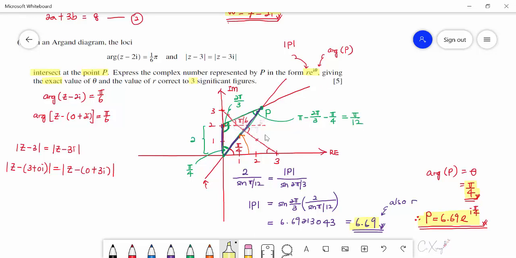Of course, this is not the only method. Another method is you can form the equation for the perpendicular bisector, then solve the simultaneous equations. That also works. But to me, using the shapes that appear in the Argand diagram is usually much more straightforward and easier to get the answer. All right, so this is what we have for this complex number question from May-June 2013, paper 3-1.